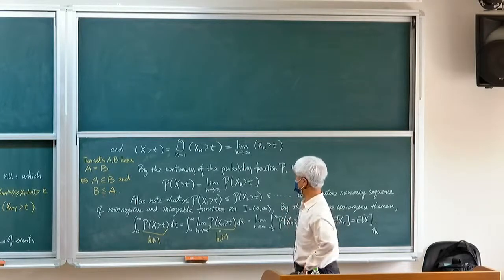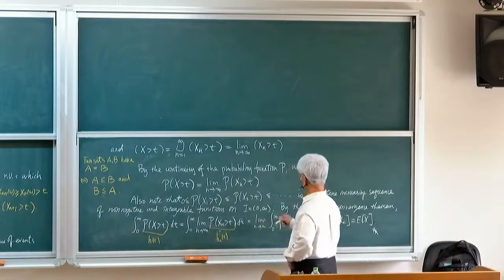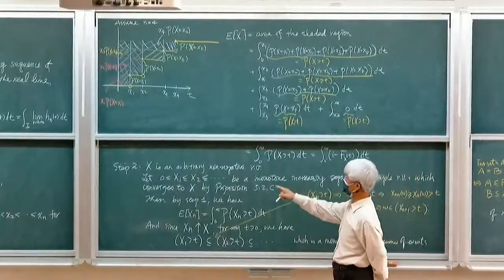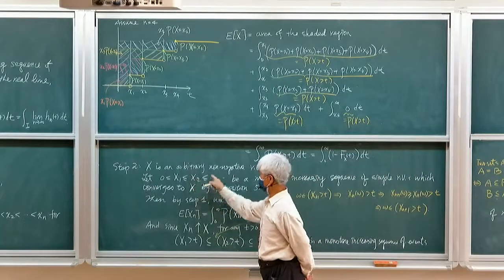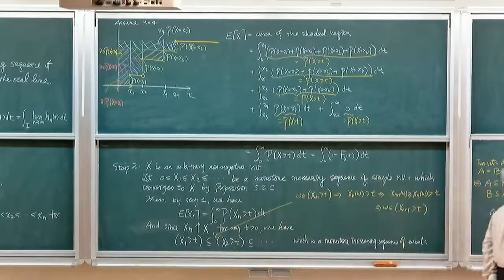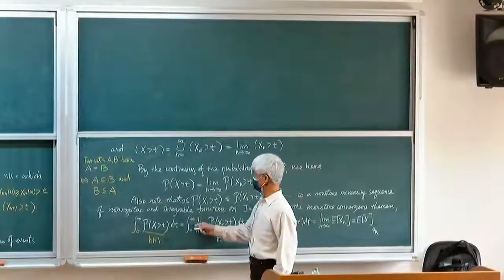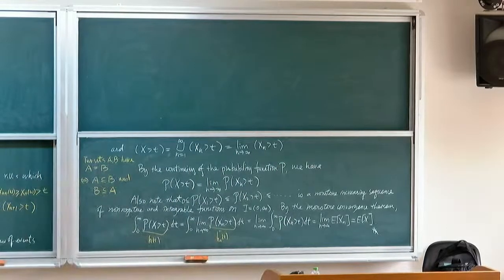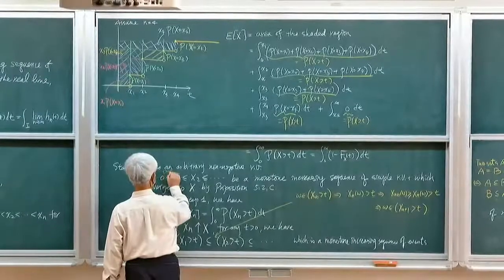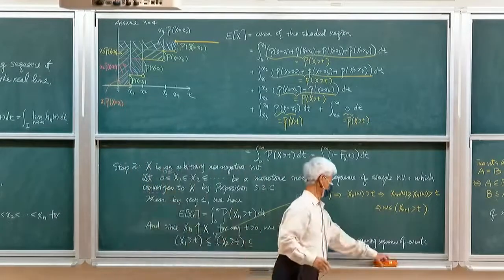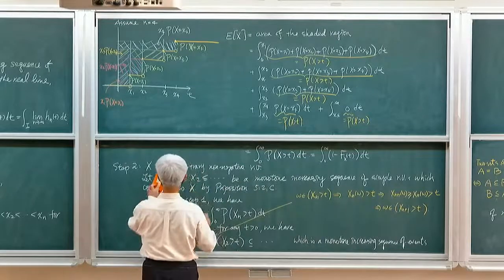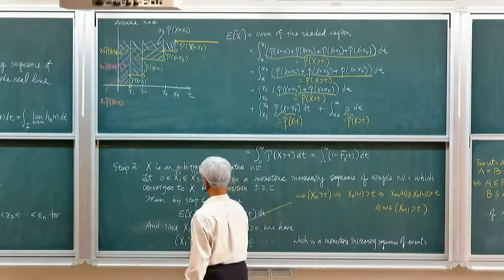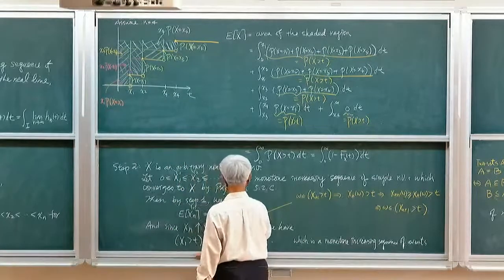Also we resolve our question: if we use a different monotone increasing sequence of simple random variables to converge to X, suppose we have another sequence, say Y_1, Y_2, etc., Y_n.